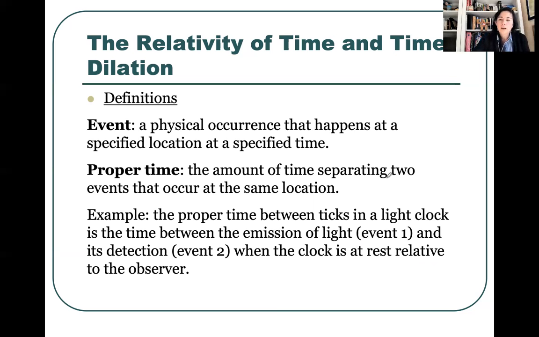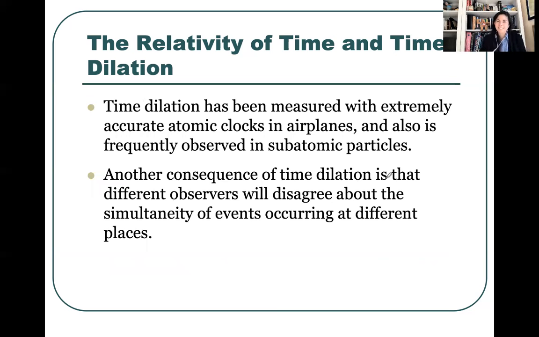So is that something we actually measure, or is it just something that Einstein came up with? Time dilation has actually been measured on some atomic clocks, and it's also something that is used a lot in particle physics experiments.